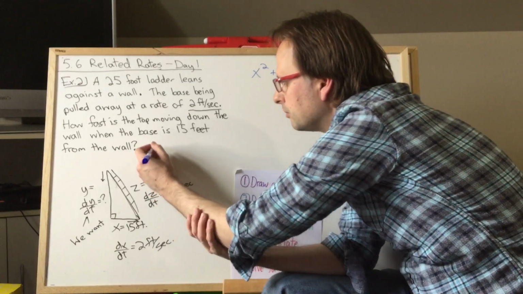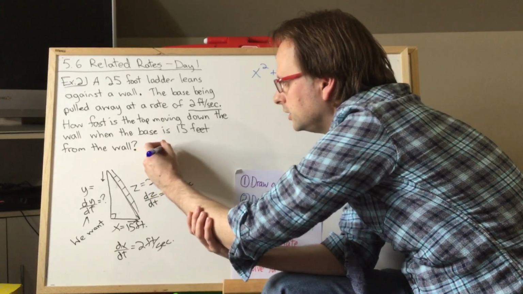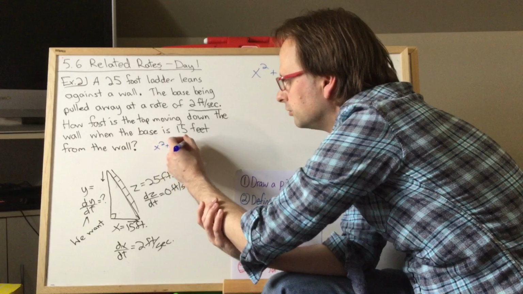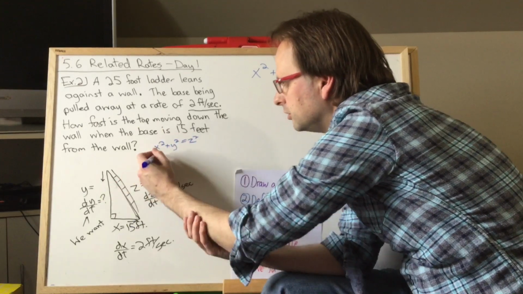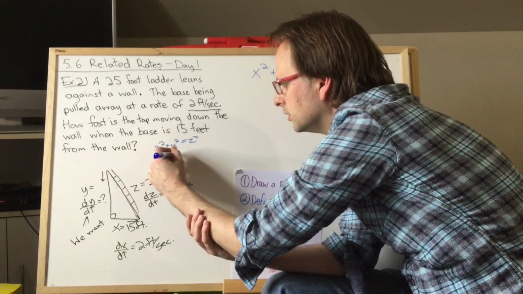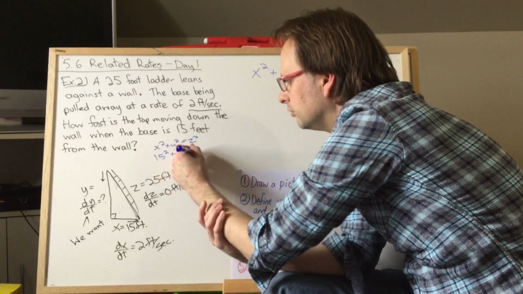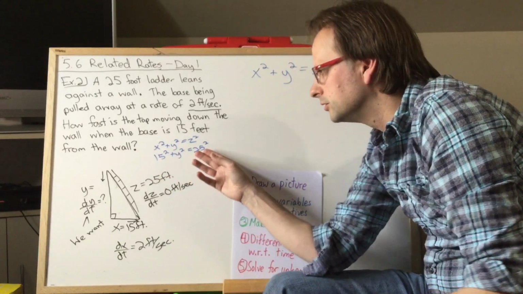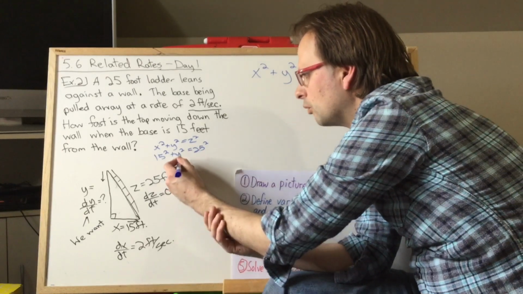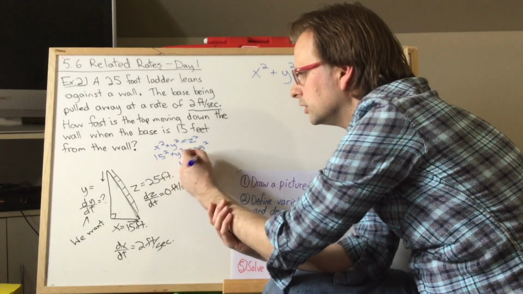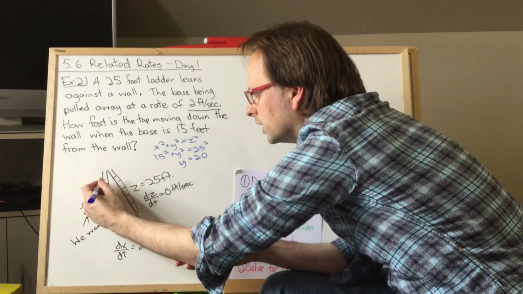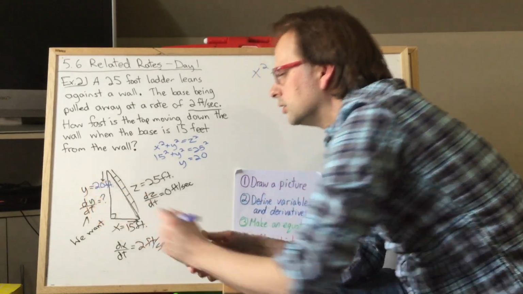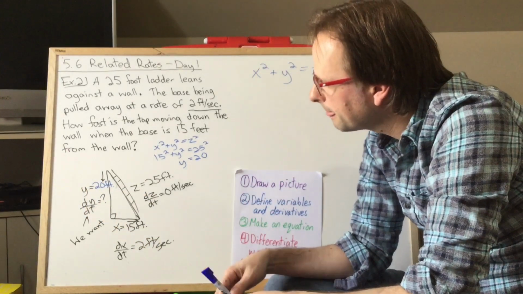Straight from the Pythagorean Theorem, this is not any differential stuff or derivative stuff. If I just sub in 15 for x, 25 for z, run this through, that's 225, this is 625, you'll get that y is 20. We can figure that out before doing any differential work.